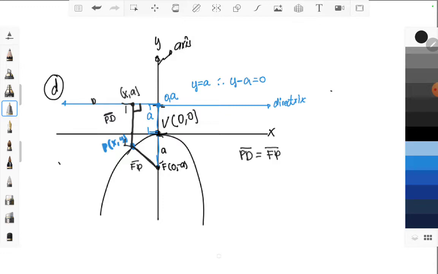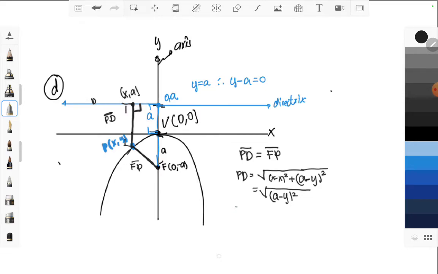PD is equal to the distance formula: square root of (x minus x) square plus (a minus y) square, and by simplifying this I will have a minus y for my PD.